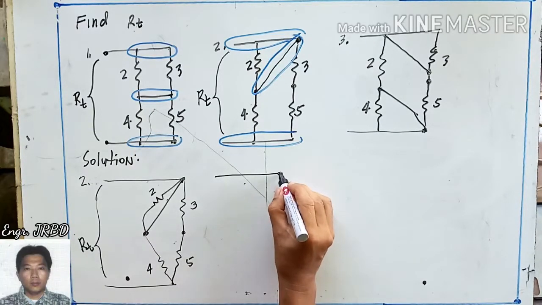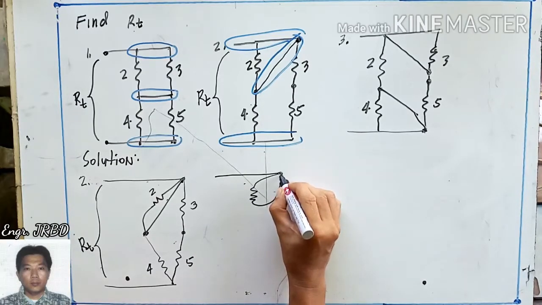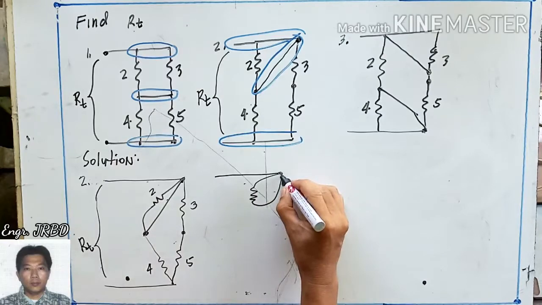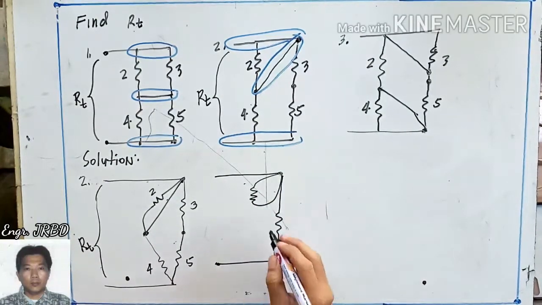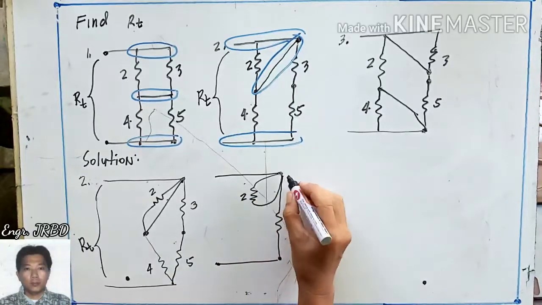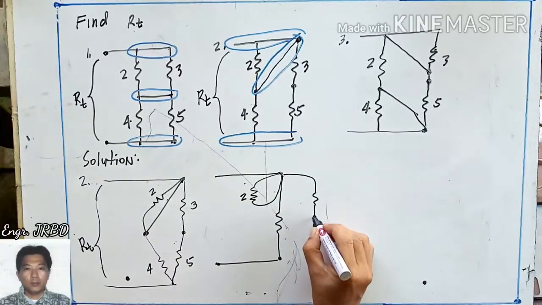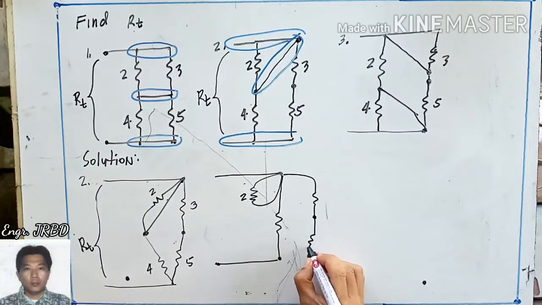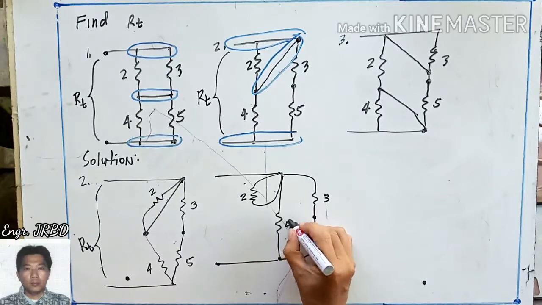Compressing your 2 ohms. This is your 2 ohms. We have your 3 and 5, 3, 5, and 4.